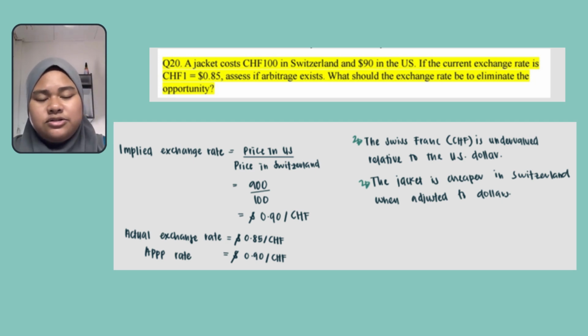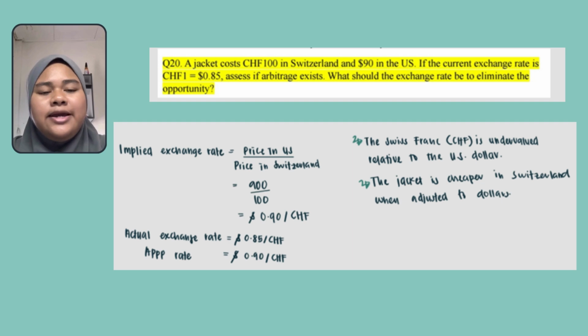Since the actual exchange rate, 0.85, is lower than the APPP rate, 0.90, the Swiss franc is undervalued relative to the US dollar. This creates an arbitrage opportunity. So a trader could buy the jacket in Switzerland for CHF 100 and convert to USD 85 at the 0.85 rate. Then he can resell the jacket in the US for 90 USD.